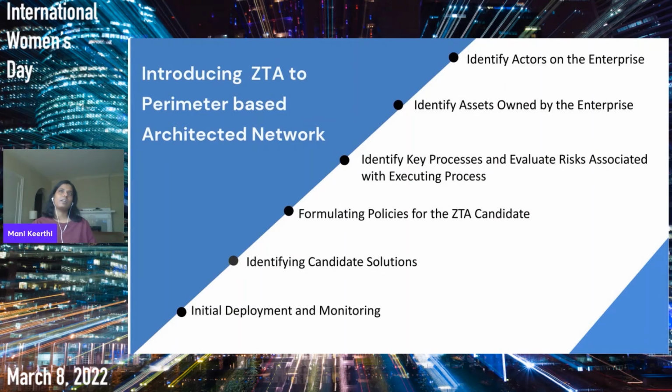800-207 document is that there are around six items that we can look at, basically starting with identifying actors on the enterprise. So the policy engine, the key component of zero trust architecture, should have knowledge of the enterprise subjects. That could encompass both humans and any possible non-person components, such as service accounts that interact with resources.